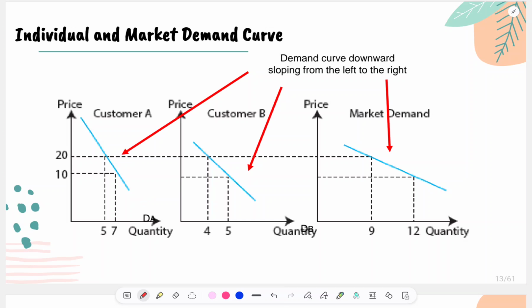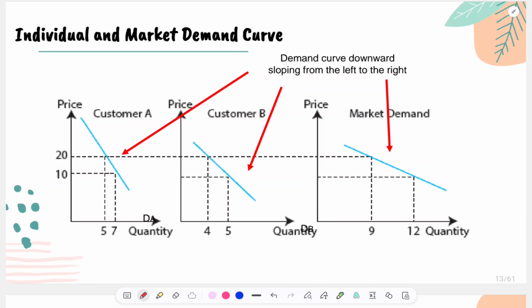They still buy even when the price goes up. For customer B, the slope of the curve is flatter, which means the buyer is more sensitive. They will stop buying quickly if the price increases. So different buyers respond differently to price changes, and we can see it in our graph.